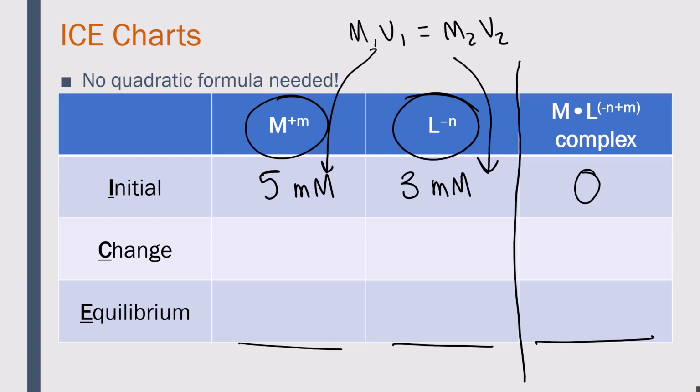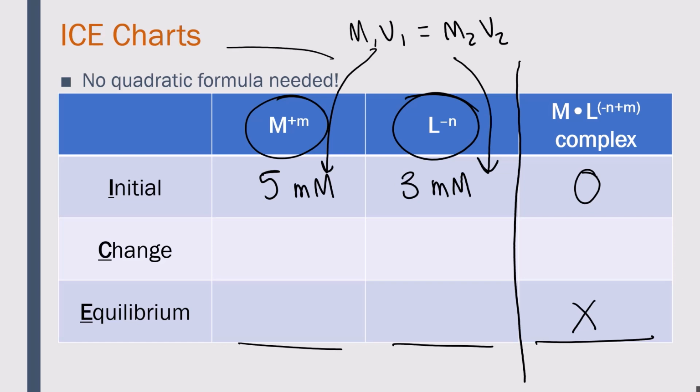Now the question is, where does that value go on the ice chart? So that value is going to go in the equilibrium slot. So whatever value you get from your Beer's law plot is going to go here in the metal-ligand complex.